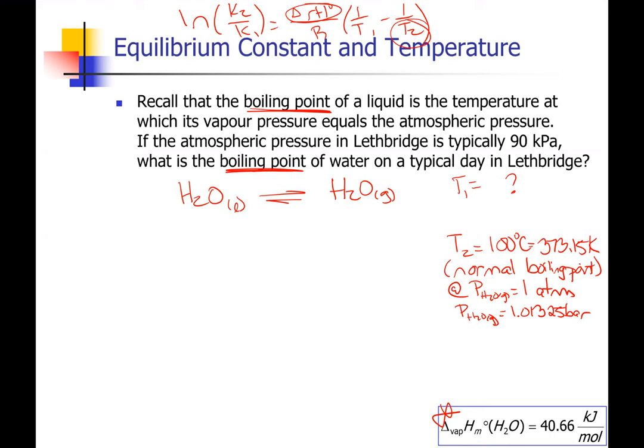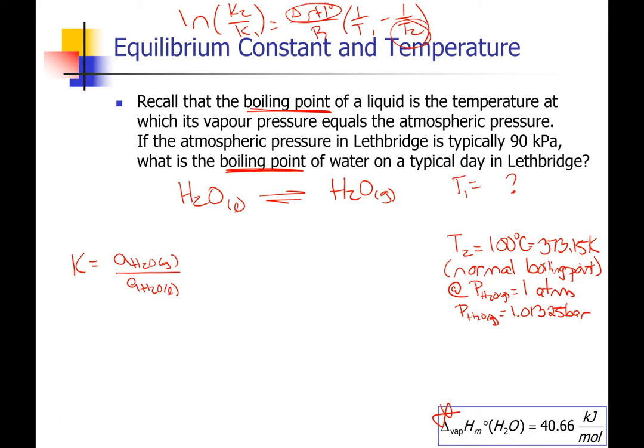We've got the ability to get to an equilibrium constant, I think, because remember that our equilibrium constant for this process is going to be equal to the activity of the products divided by the activity of the reactants.